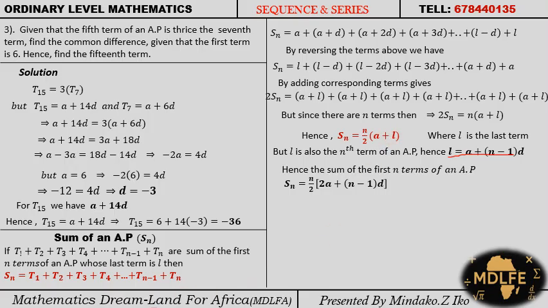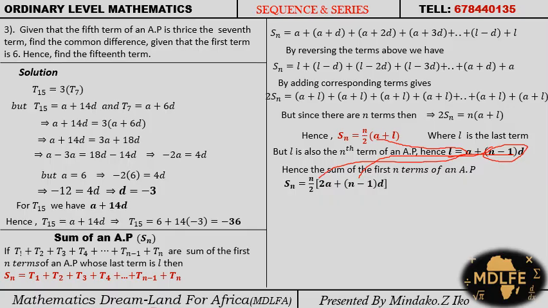You notice that I'll have A, I'll have this A. Where I highlighted with red, Sn equals n on 2 times A plus L. It means that this A will combine with this other A to give me 2A. And then I will have this part here as this. I hope it is clear.